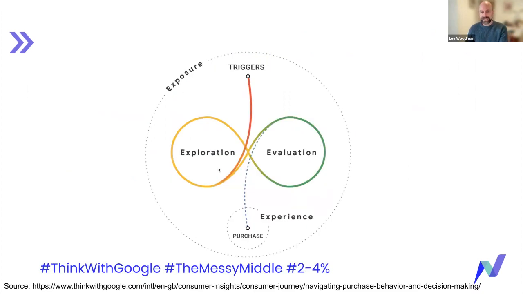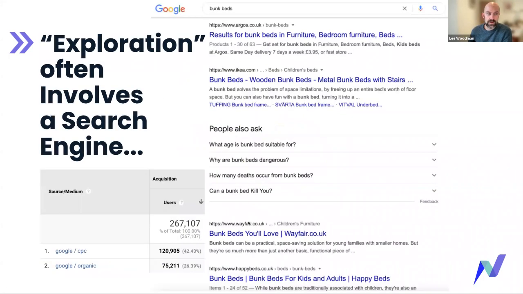So, back to this process where we're trying to help people make a better decision at this point. And those kind of expertise, authority, and trust definitions in our experience are super important to get people down this funnel. So, exploration often involves a search engine.